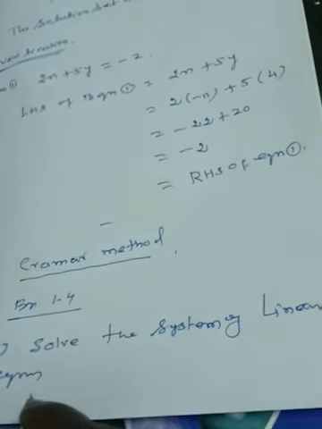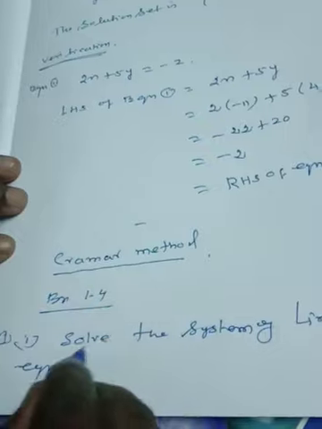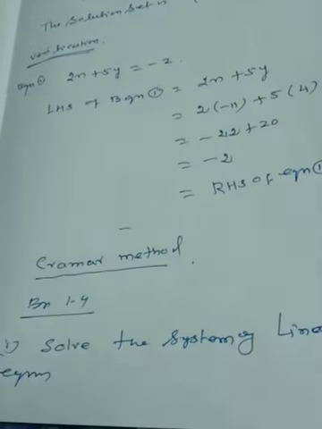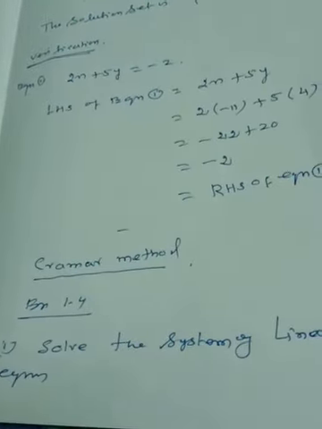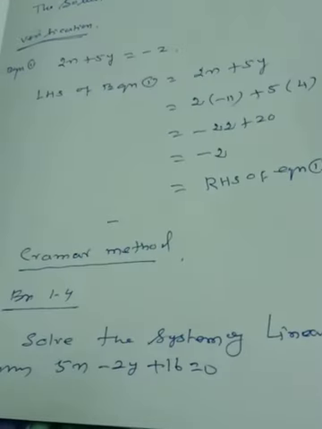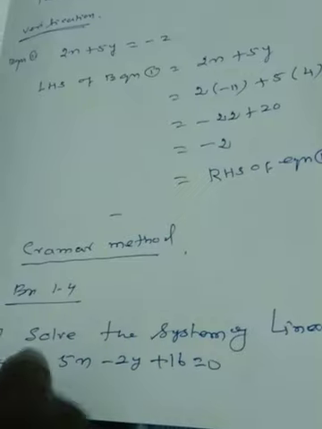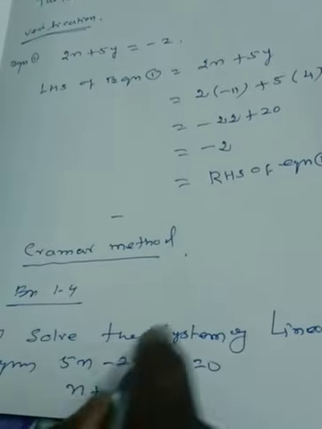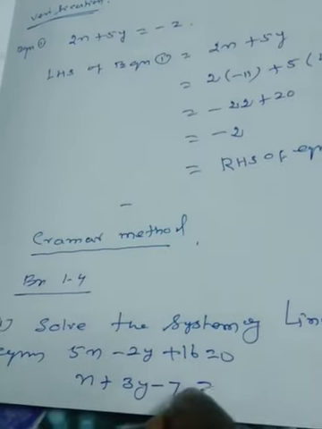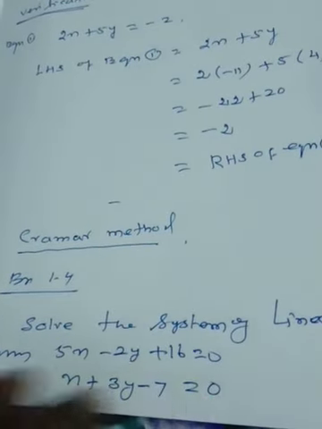Equation number 1: 5x minus 2y plus 16 is equal to 0. Equation 2: x plus 3y minus 7 is equal to 0.